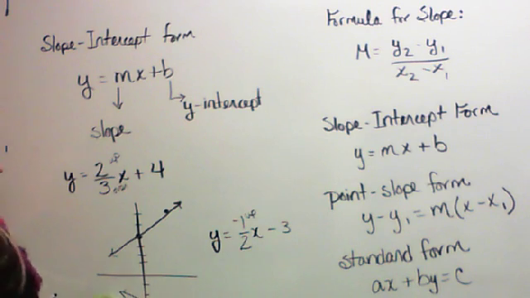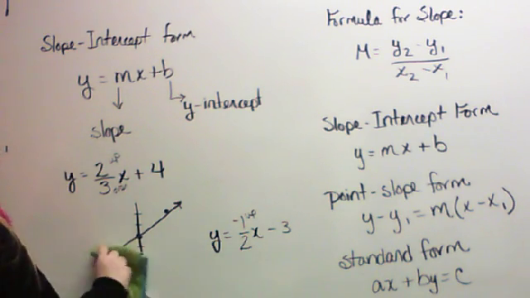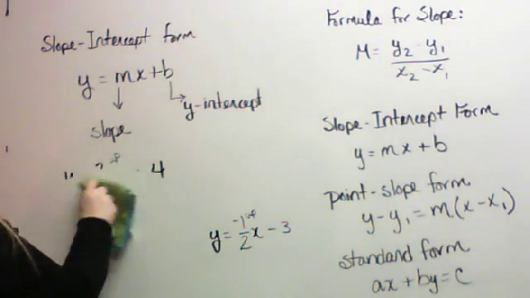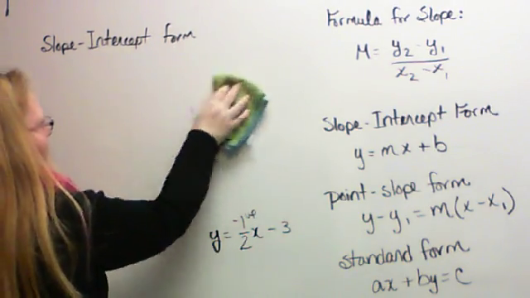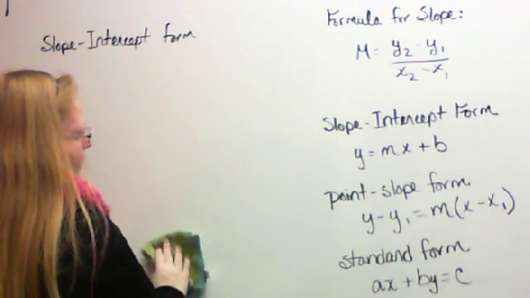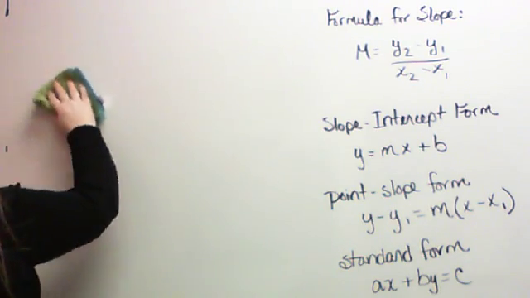Now let's talk about some equations. We know that slope-intercept form is one kind of equation that they will ask you to put lots of stuff in. But it is an ending point in your equation. It is not a starting point.